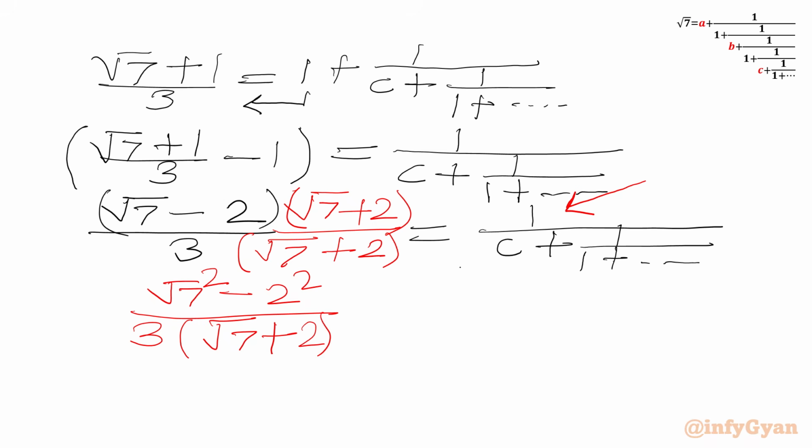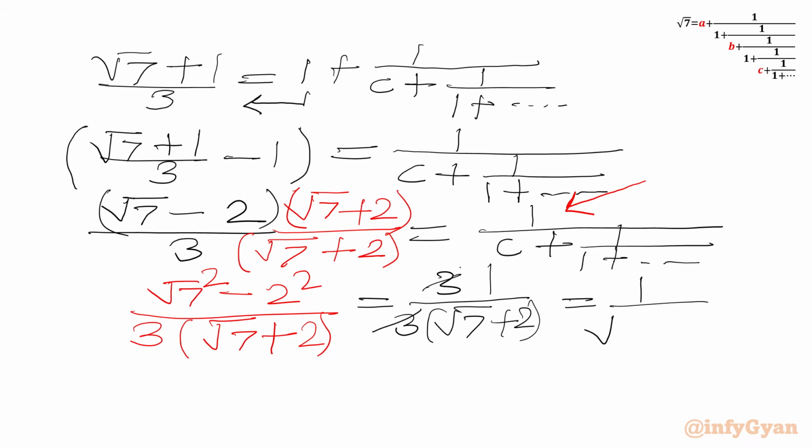Root 7 squared is 7, 2 squared is 4, 7 minus 4 is 3. We will write 3 over 3 times root 7 plus 2. We will cancel 3 with 3, so numerator will be 1. So in LHS we have 1 over square root 7 plus 2. And in RHS we have 1 over c plus 1 over 1 plus up to infinity.